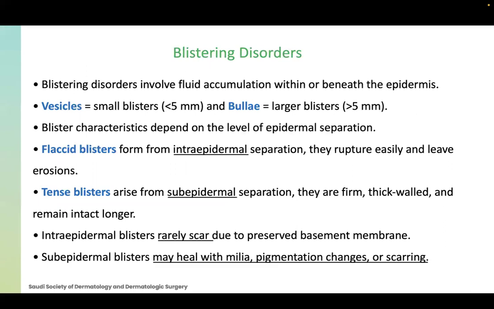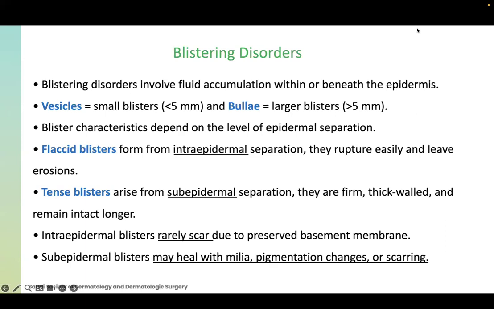Blistering disorders involve fluid accumulation within or beneath the epidermis. We have vesicles, as we said before, and bullae. Vesicles are small blisters less than 5 millimeters in diameter, and bullae are 5 millimeters in diameter or larger.